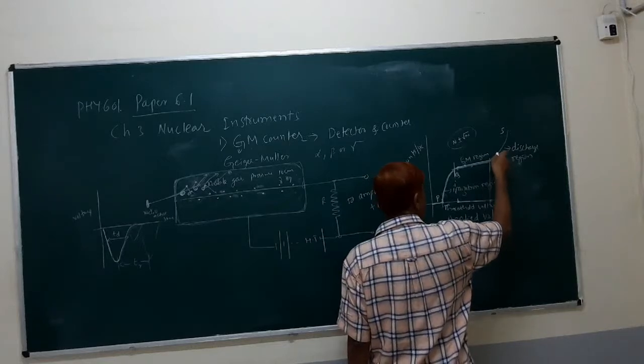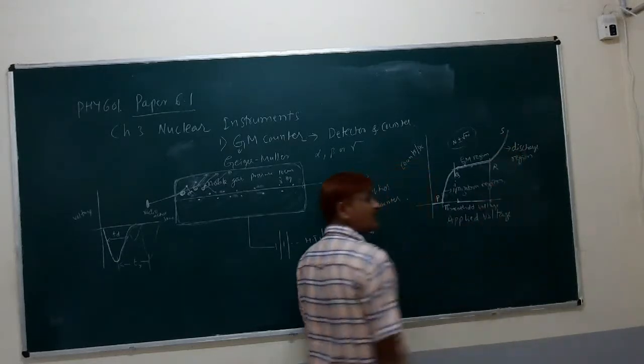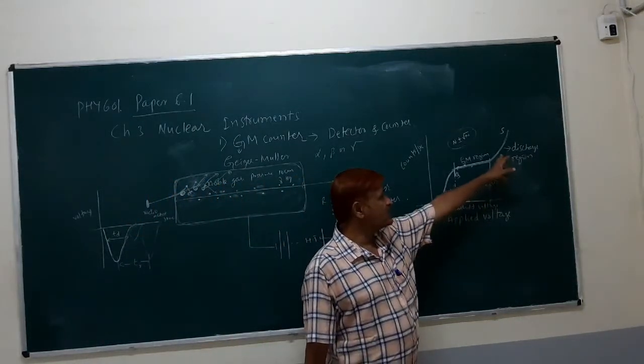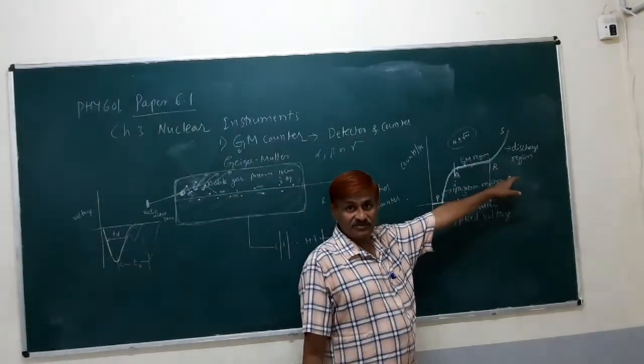In this region, the counts increase drastically with the increase in voltage, and this is called the discharge region.